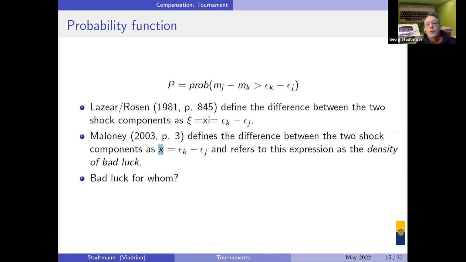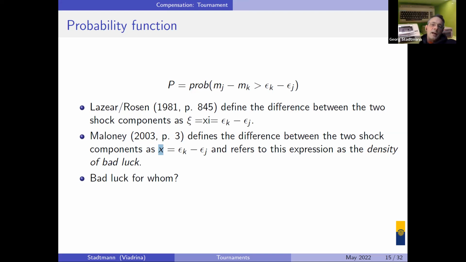And he comes up with a special label for this variable. And he calls this variable X the density of bad luck. I like this kind of label for this difference.